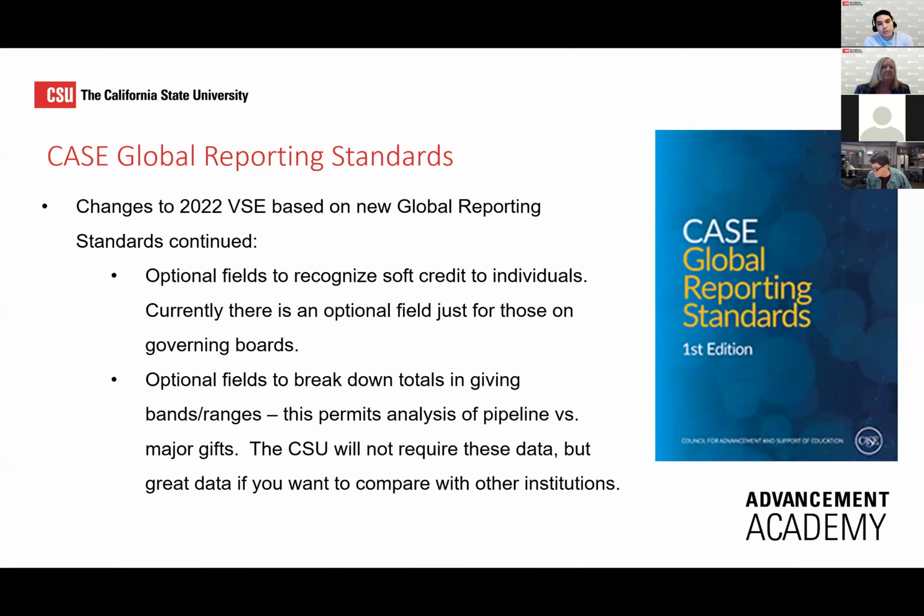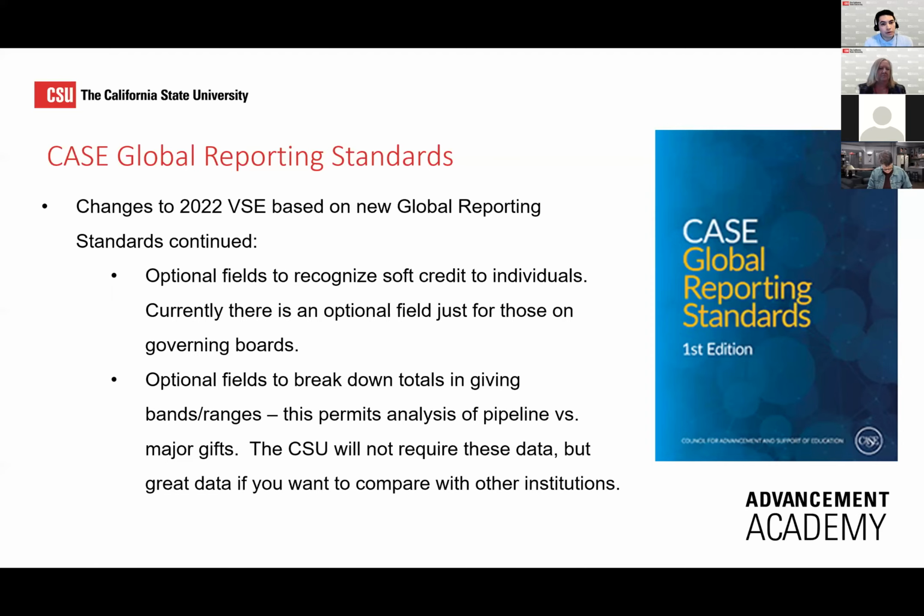Further additions to the 2022 survey, there'll be an optional field that recognizes soft credits to individuals. Right now, there's just an optional field that does a breakdown of these soft credits to constituents that sit on governing boards, but it sounds like that's going to be expanded as well. There's also going to be an optional field that breaks down giving by bands or ranges.